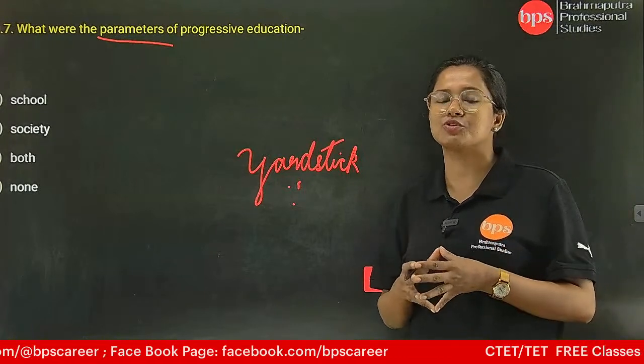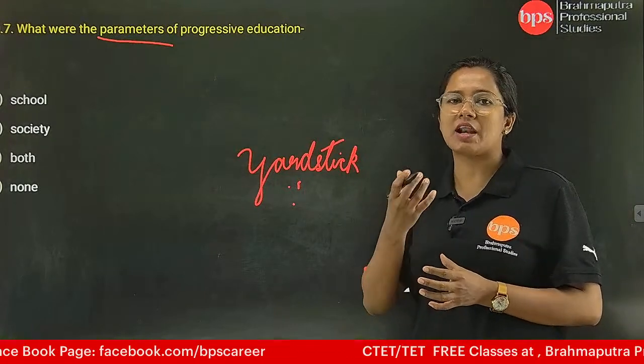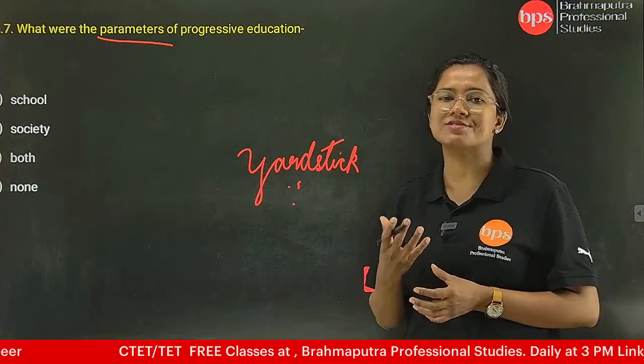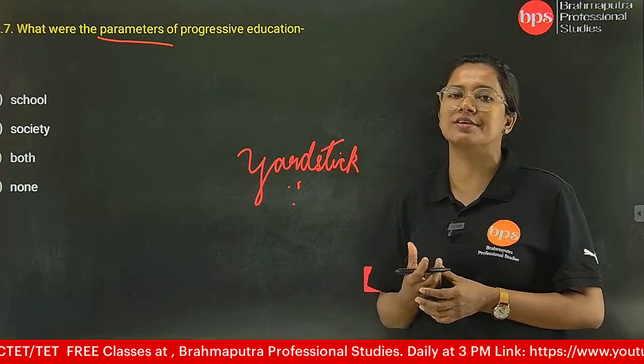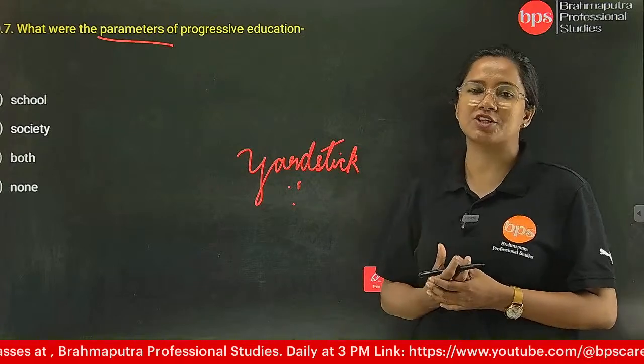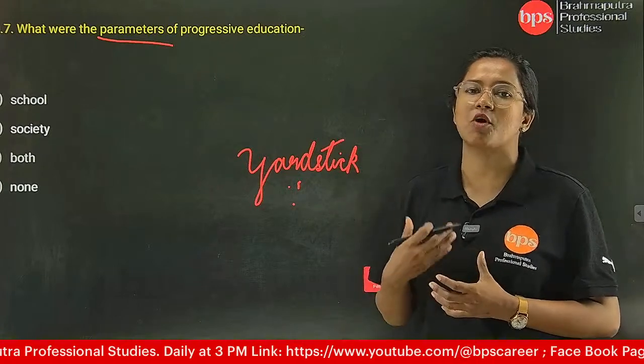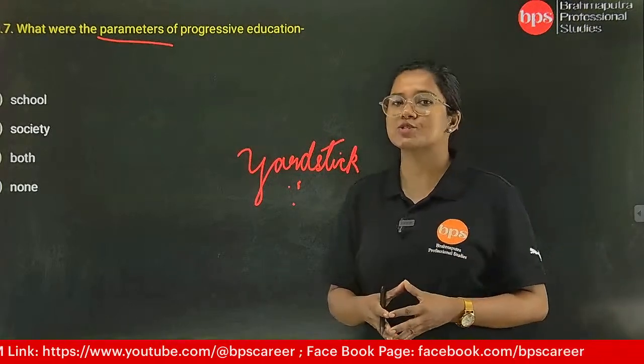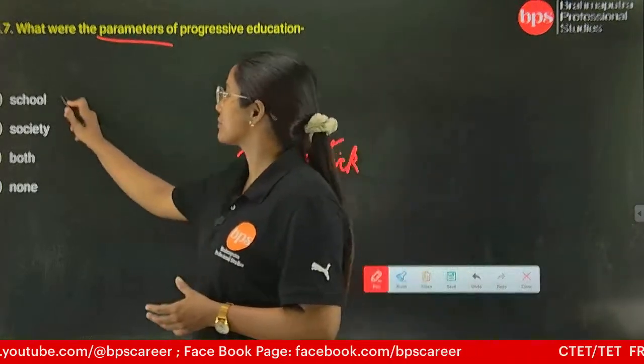Education is executed, or we can say we are learning, in a particular institution, and what kind of institution is concerned with progressive education or the progressive system of education? So it is the school as well as the society.